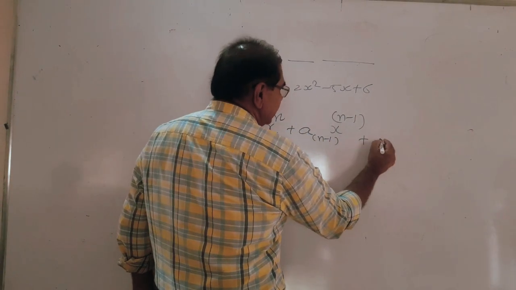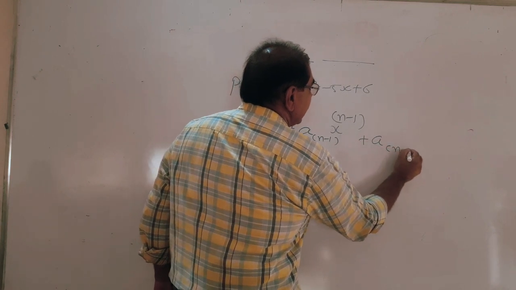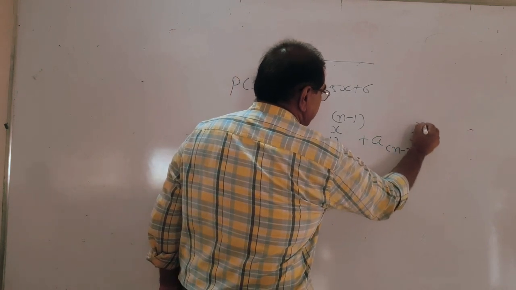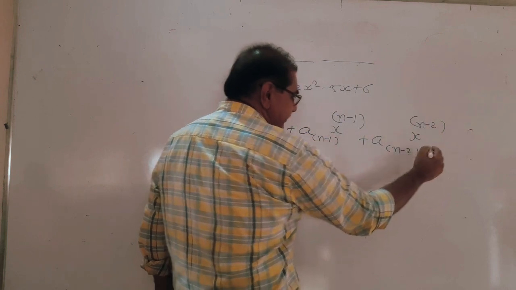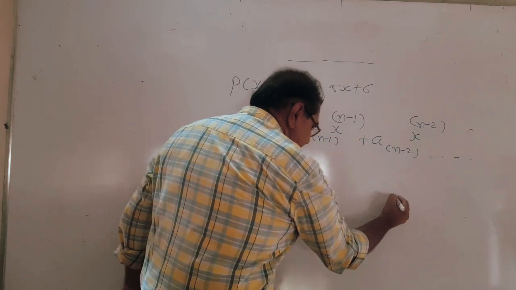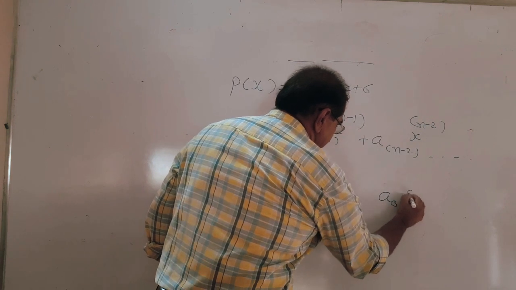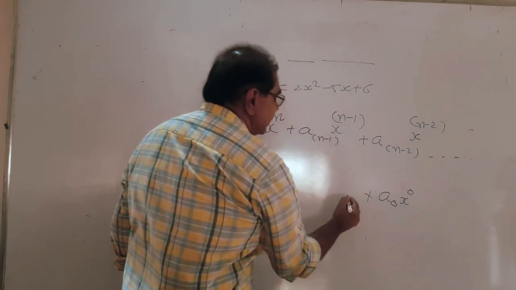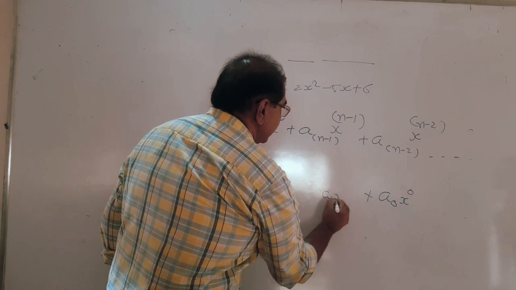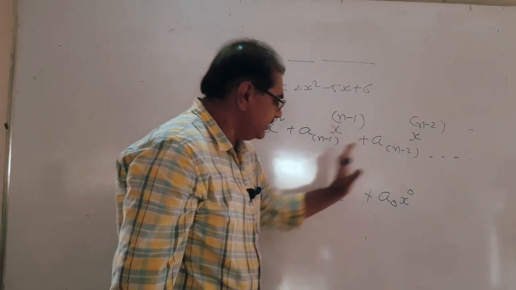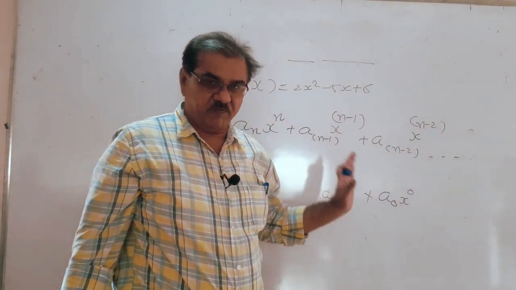If I go forward, a n minus 2 x raised to n minus 2. This is the way it will continue, and the final term will be a0 x raised to 0, and before it will be a1 x raised to 1. This is the general form of polynomial.